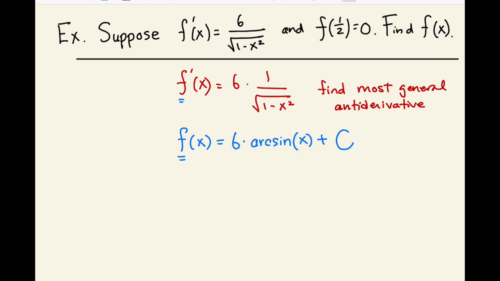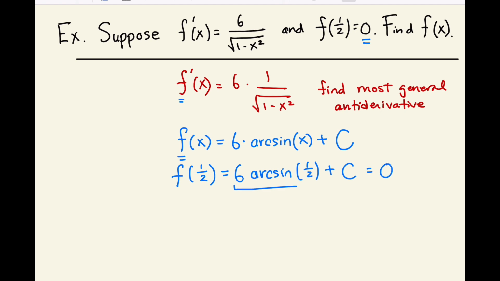Now, we know that f of 1/2 is equal to 6 arcsine of 1/2 plus c, and that is given as equal to 0. Now, this equation I have to solve for c. Arcsine of 1/2 is pi over 6, because sine of pi over 6 is 1/2.